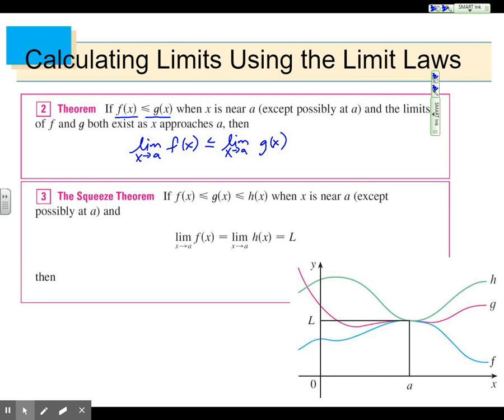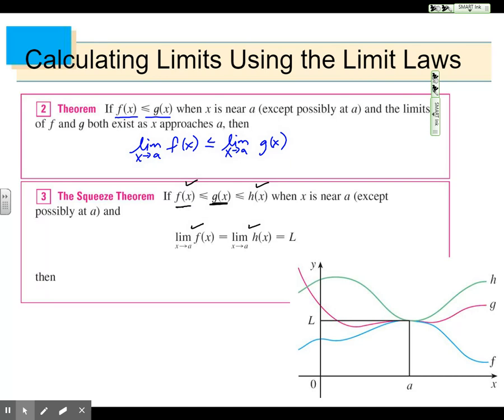I was going to use this picture down here. I'll explain that more in class or on a Google Meet later, but what that does is it sets up our squeeze theorem. Our squeeze theorem, it's also called the sandwich theorem. I've just chosen to use squeeze because I think that your book does. The squeeze theorem says that if you have g of x that is sandwiched between f of x and h of x, when x is near a except possibly at a, then you can take the limit of your two outside functions.